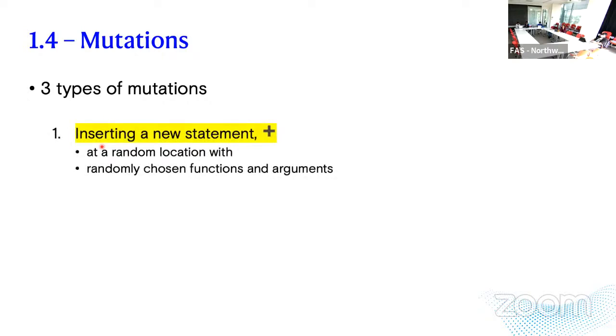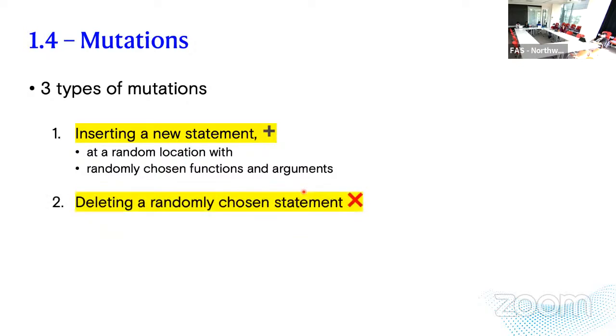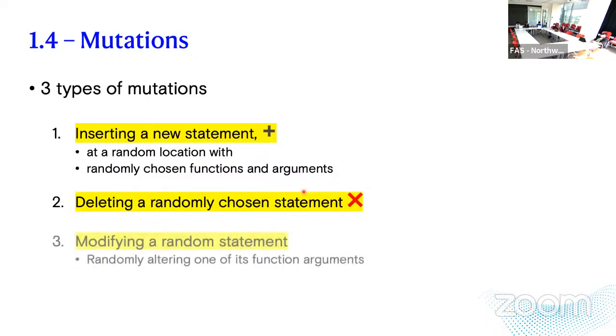So in terms of mutations in this train function, we can add a new statement at a random location, with arbitrarily chosen function and arguments, since we have this pool of 45 functions. That's one thing. The other is we can delete a randomly chosen statement. The third is modifying a random statement, that is, by altering the arguments of the function. As we discussed, the arguments can be a constant or a variable existing in the program.